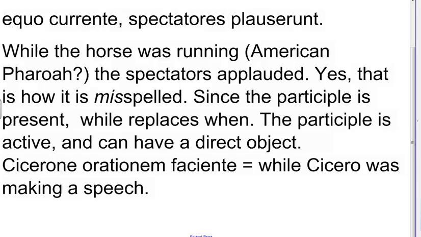And the translation is, while Cicero was making a speech. Now, in the original text, there'd be a comma there, and then we would find out the next phase of what Cicero was doing. But in the meantime, you have an example of a present active participle in an ablative absolute with the direct object.